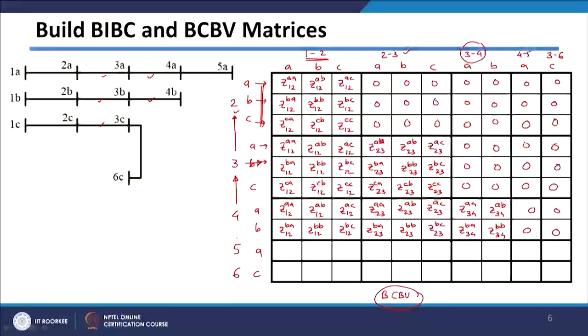Then we can see there is connection between 5 and 4. But only A phase is existing. So, the row corresponding to A, copy it and paste it here.